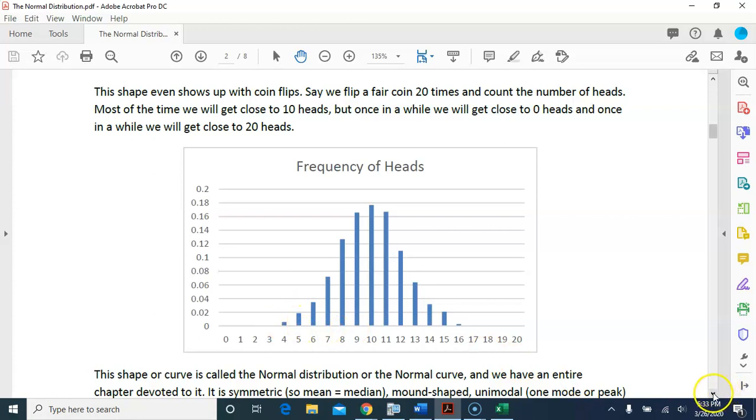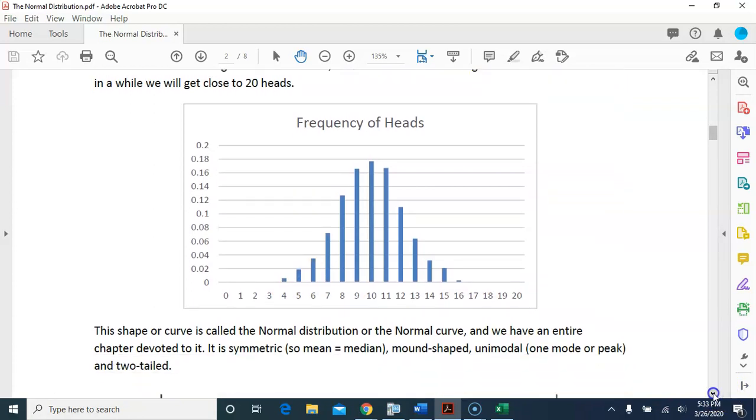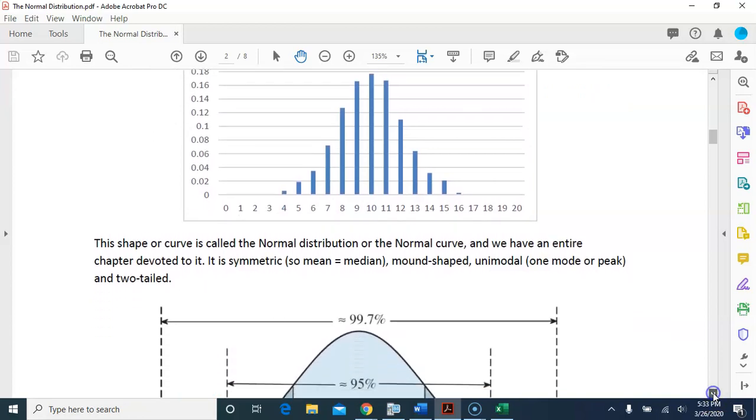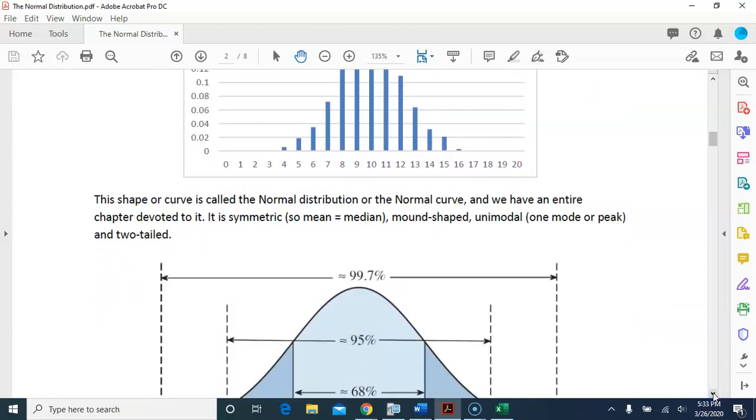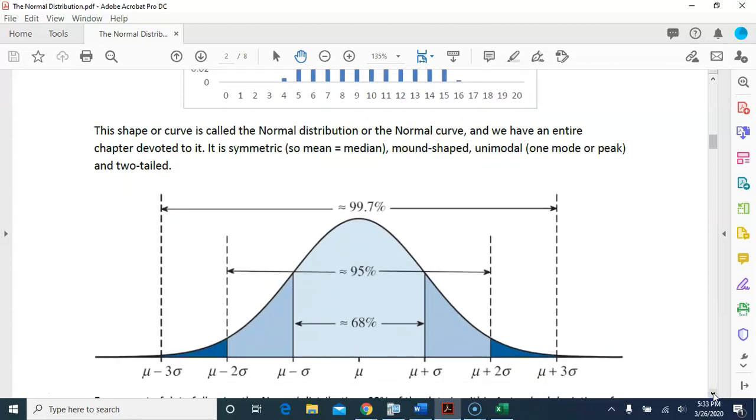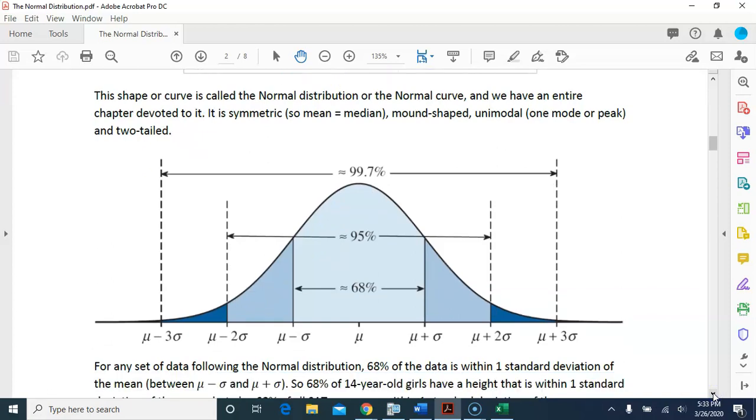So the normal distribution is symmetric, therefore the mean is equal to the median. It's mound-shaped, it's unimodal, meaning it has one mode or one peak, and it has two tails. And this picture is referred to as the empirical rule.